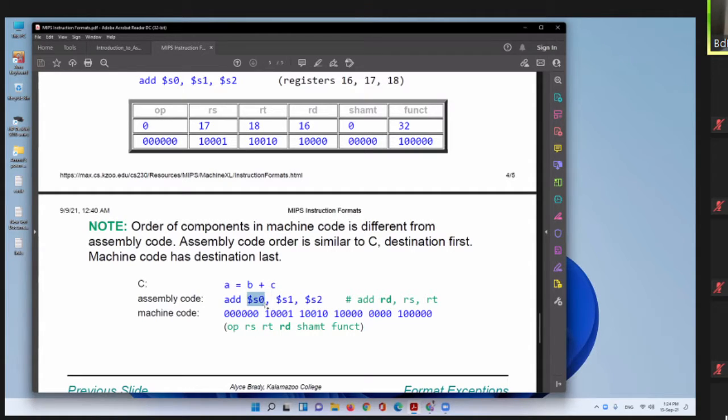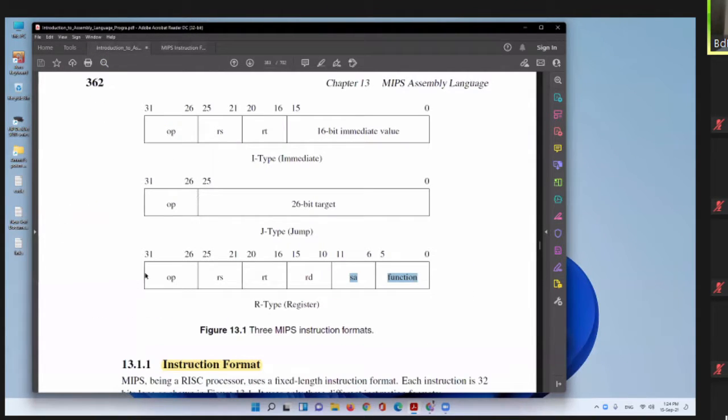All right, so that's how we write the code in R type. That means the register type, where we have 3 registers, whereas in I type we have 2 registers and 1 immediate value. That is the only difference.